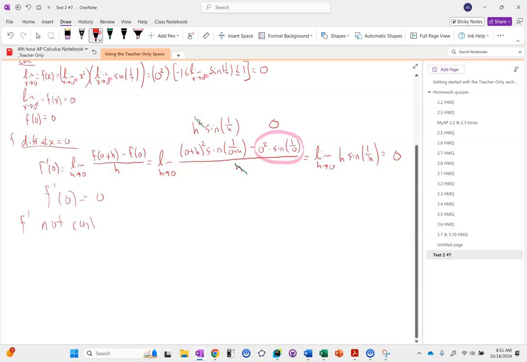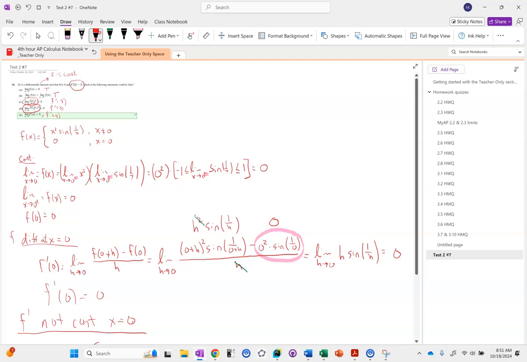Now what I'll do is show you that f prime won't be continuous at x equals 0. To do that, I'll find the derivative of f. I'm just going to take the derivative of the first piece of my piecewise function. Note, to do that, I need to use the product rule to start.